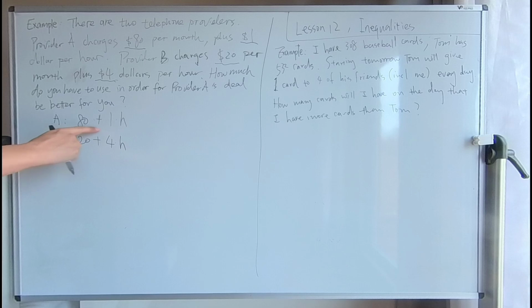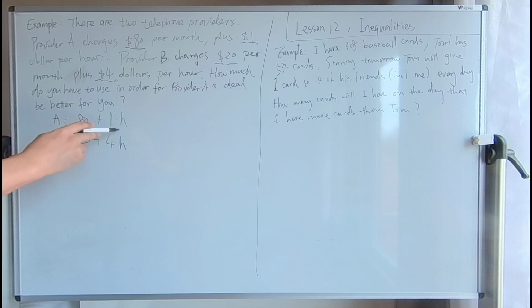So you can see that using different hours would make either provider A lower or provider B lower. For example, if I only spend 1 hour, provider A will charge me $81, but provider B will only charge me $24. Looks like provider B is a better deal.